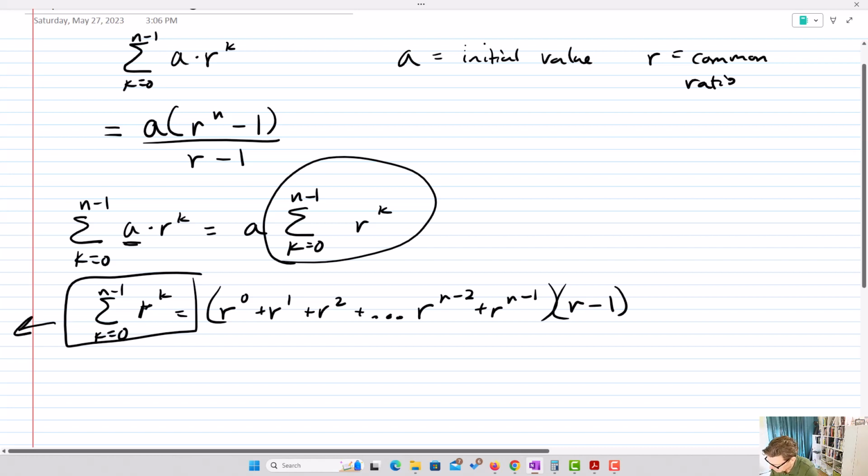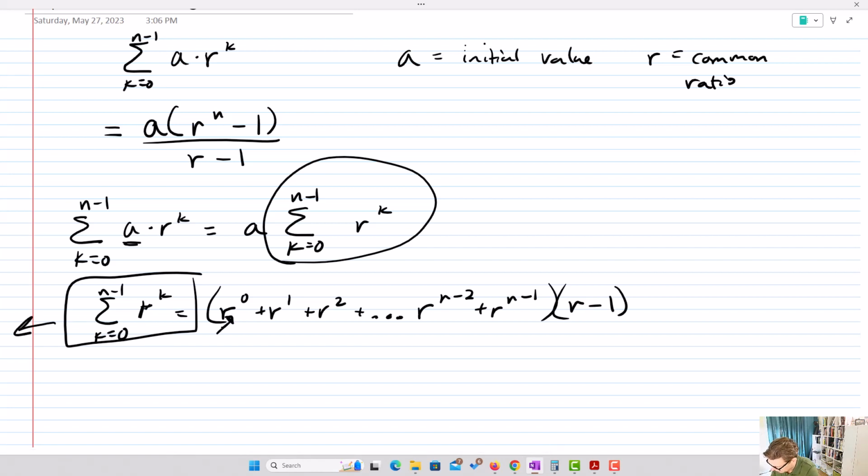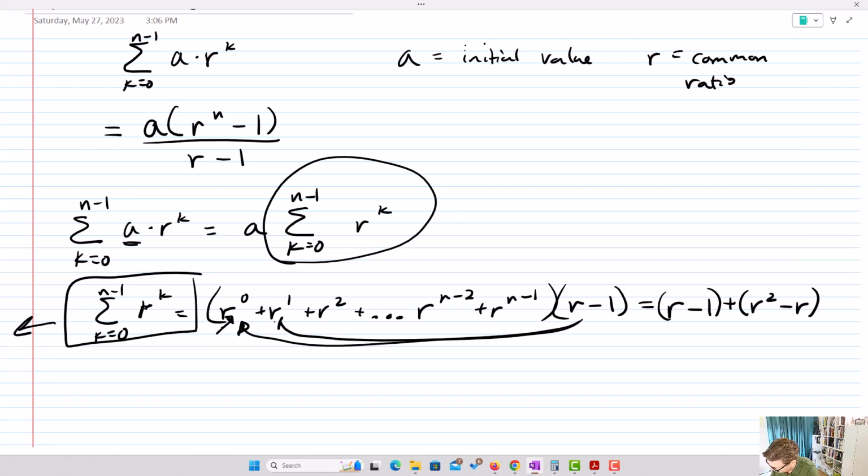First, r to the 0 is 1, so this is going to equal r minus 1. That's what happens when I take r minus 1 and multiply by r to the 0. Then plus r times r, which is r squared minus r, from multiplying r minus 1 by r.